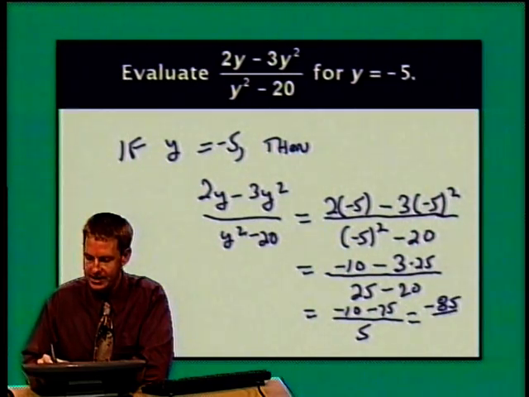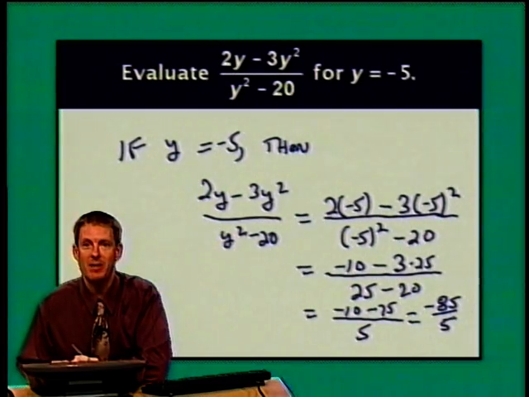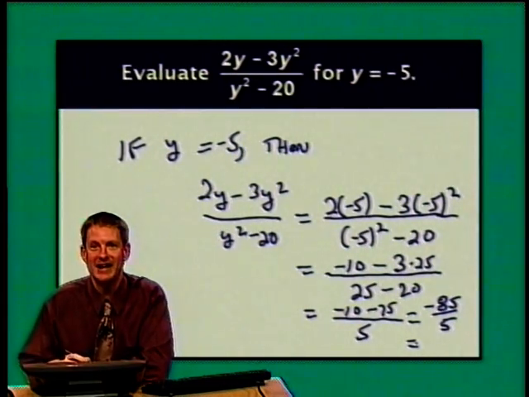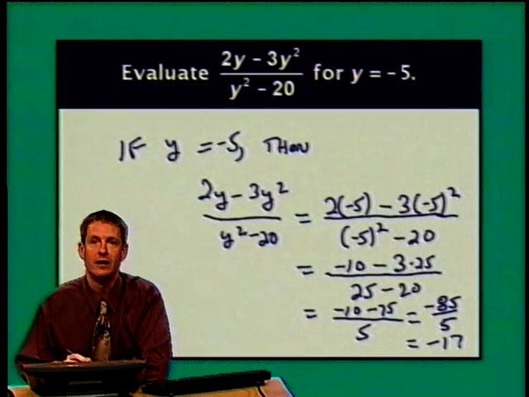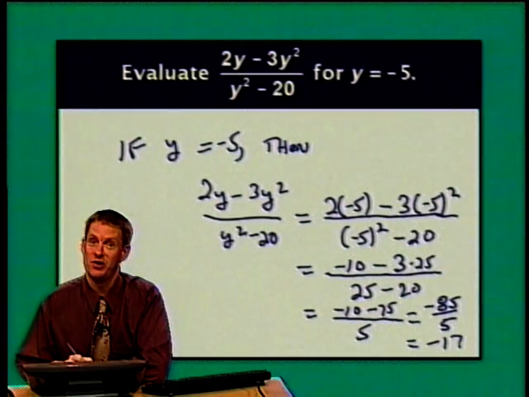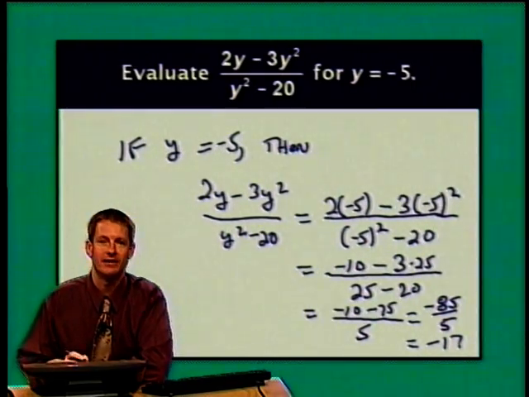That's going to give me negative 85. That negative 85 needs to be divided by 5. And if I think real hard, I think I'll get the right thing here. 5 goes into negative 85 negative 17 times. So if y equals negative 5, the expression 2y minus 3y squared over y squared minus 20 evaluates to the number negative 17.